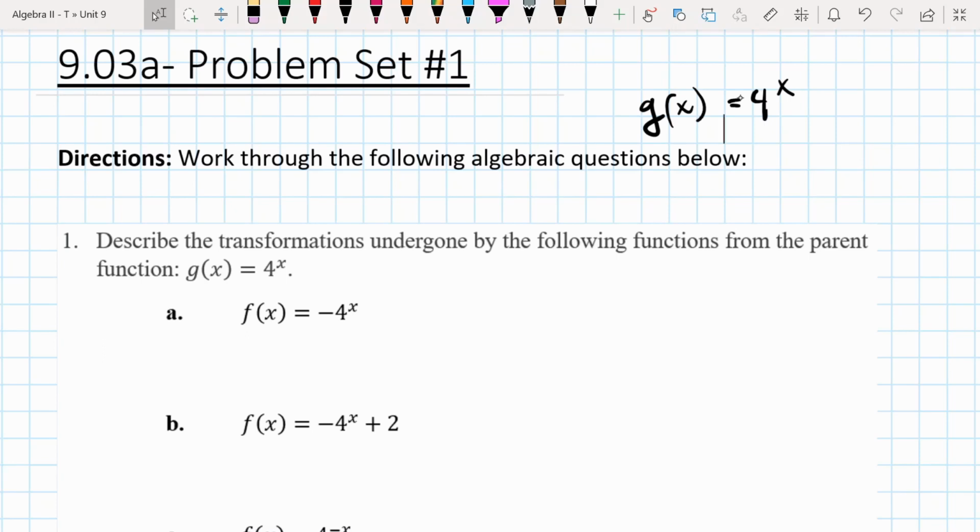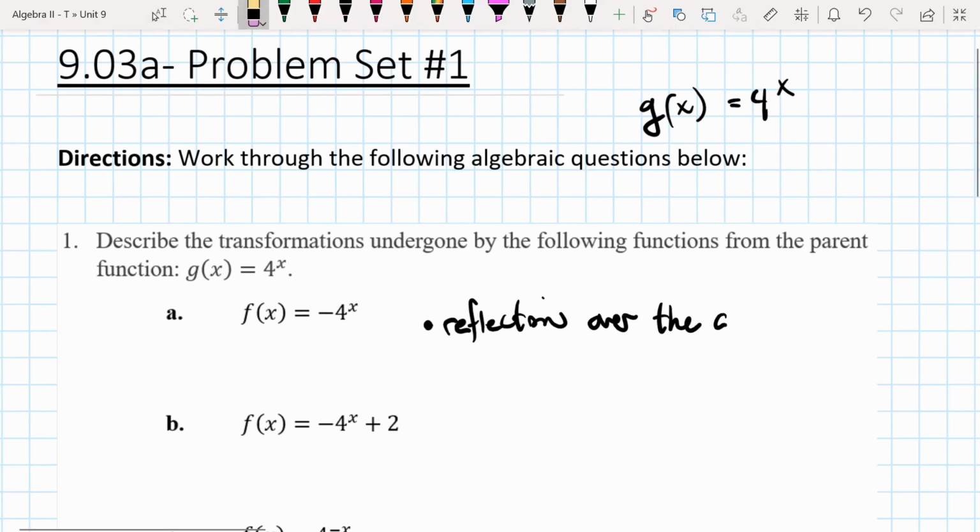So the number on the outside will determine how much the function is stretched vertically or compressed vertically. But remember, if we switch the sign in the front, it's a reflection over the x-axis. And so that's what we have here. This is a reflection over the x-axis.